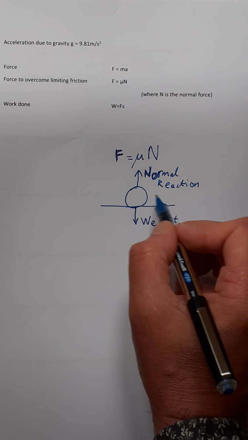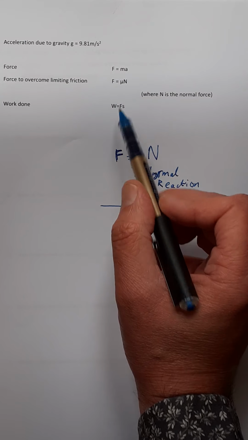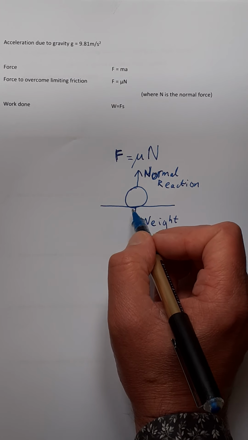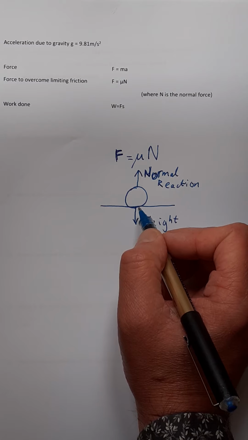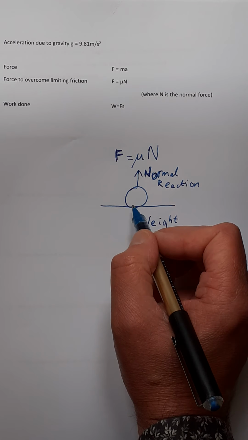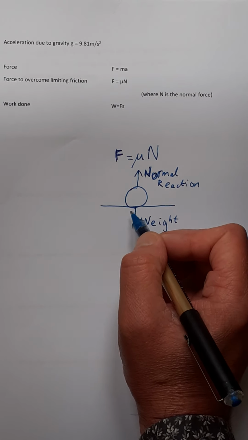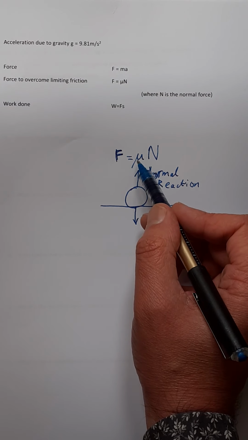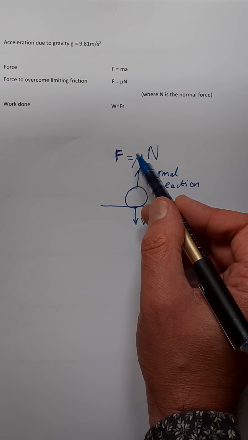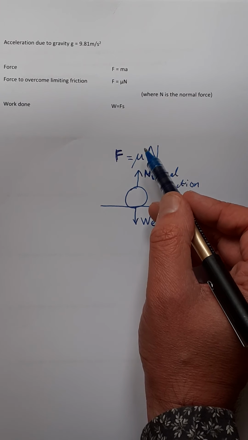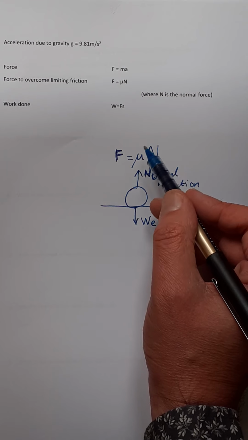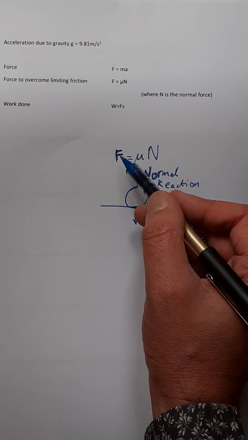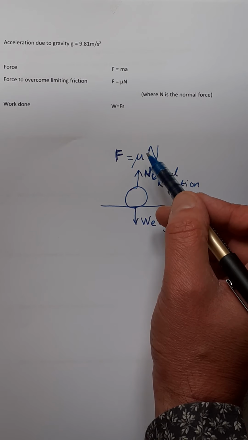Okay, so now we've done that, we've got mu, that's a function of the slippiness between the two surfaces that are in contact with each other. If two things are really tightly gripping each other, then we're going to have a lot of friction, that's a big number. If they're really slipping over each other, then we're going to have a little bit of friction. And it's also going to have a lot of friction if we've got a big normal reaction force, and a little bit of friction if you've got a little bit of normal reaction force.